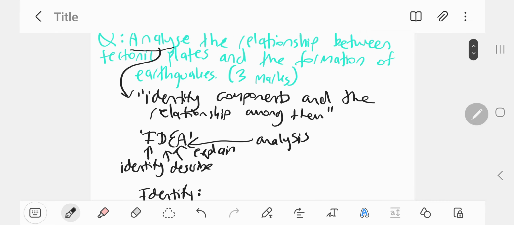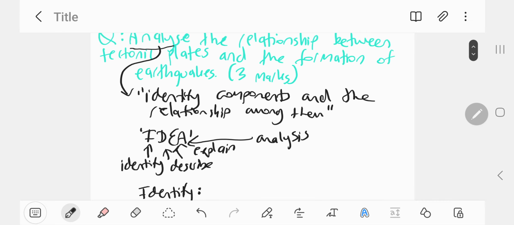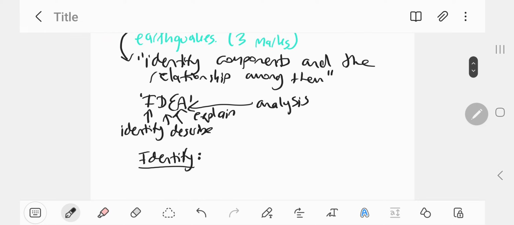this example. So plate tectonics, tectonic plates, and the formation of earthquakes. So we need to somehow link these two concepts together. Identify, so plate tectonics.